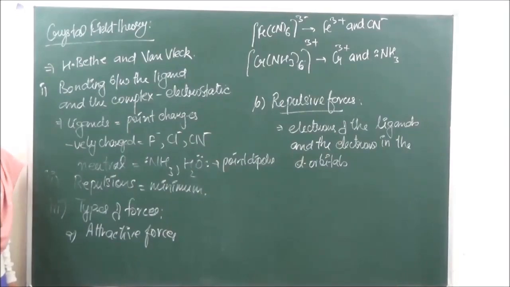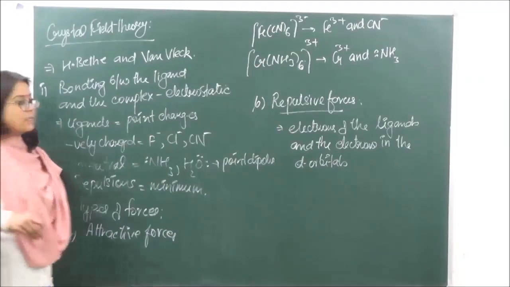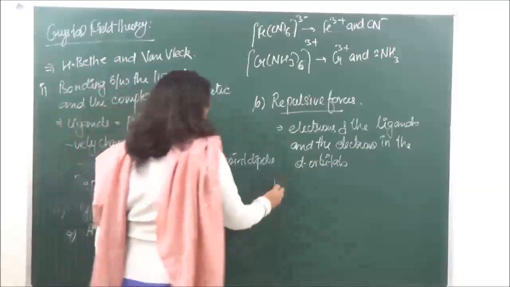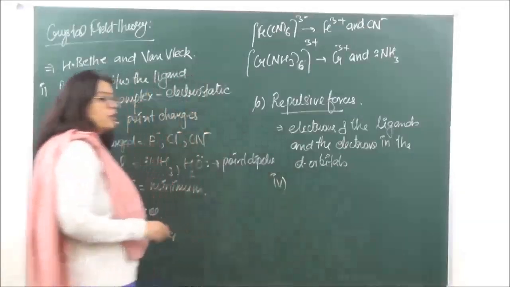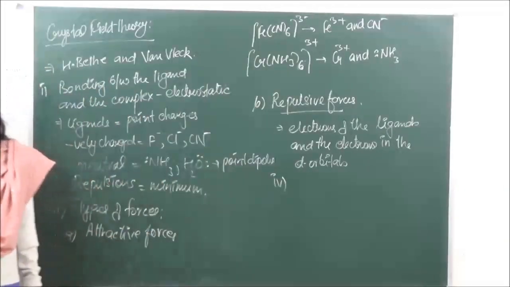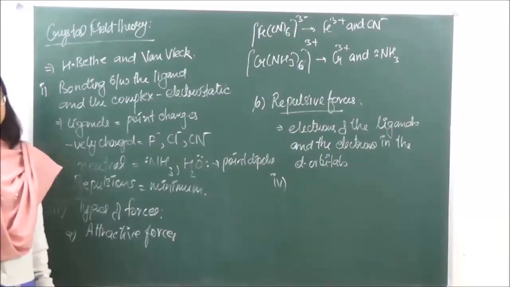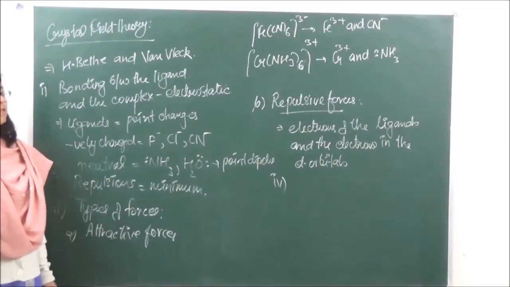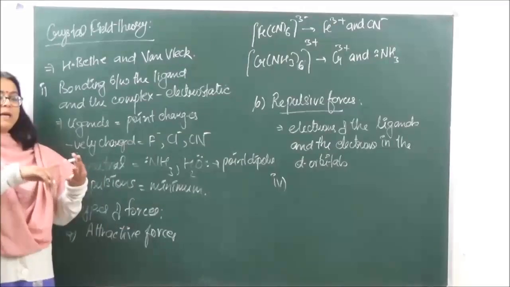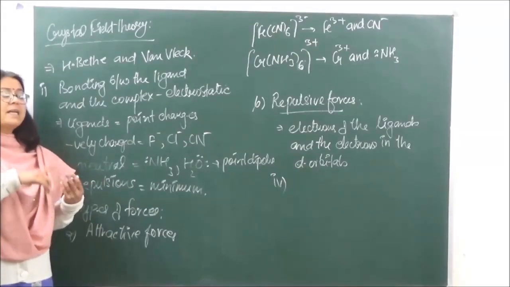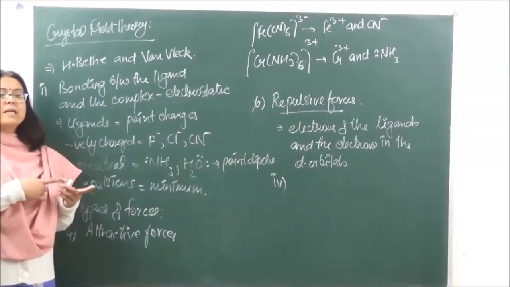Right? So you know that when we're talking of d orbitals, how many orbitals are present over there? There are 5 d orbitals, right? So when we are going to the fourth point over here, we know that there are 5 d orbitals present. These 5 d orbitals are going to be divided into 2 sets. Which 5 d orbitals are present? We have dxy, dyz, dxz, dx square minus y square and dz square.